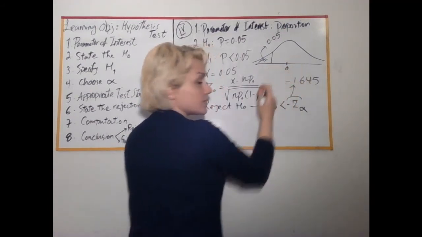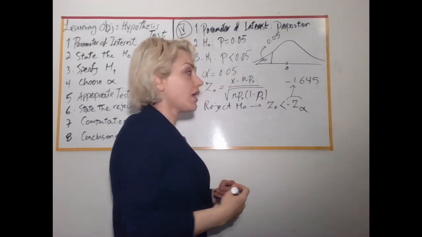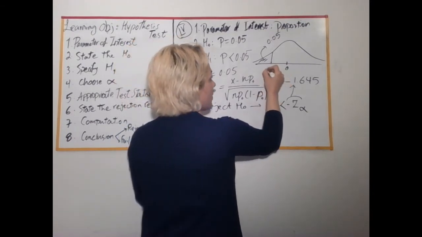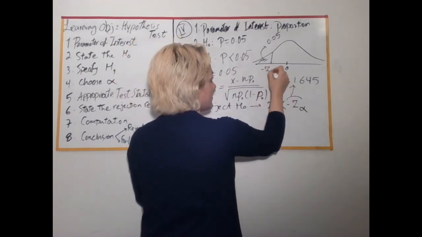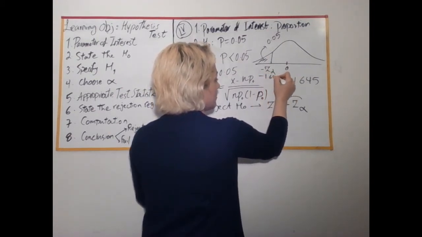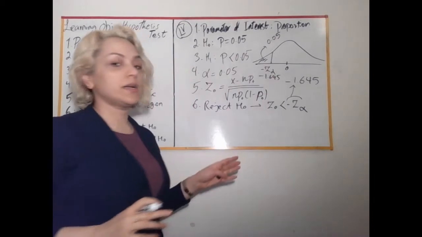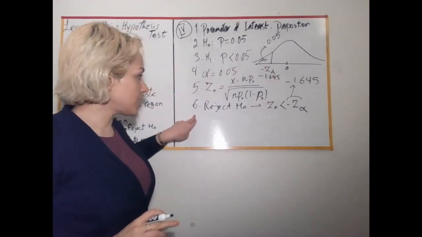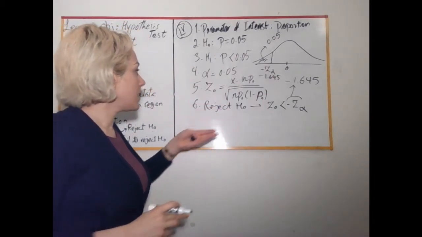Here is 0, so it's going to be a negative number. So I'm going to write down minus Z of the alpha, which is equal to minus 1.645. Okay, so here we have our rejection area.